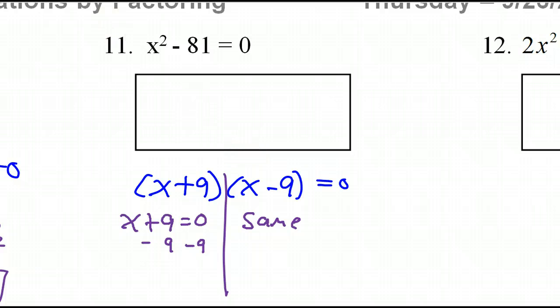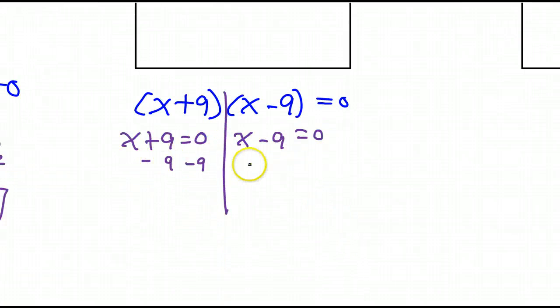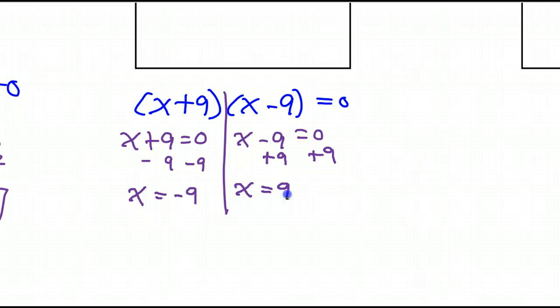Oh, why did I say same? I blanked out for a second there. Alright, x plus 9, x minus 9 equals 0. Okay, and here I'm going to be adding 9. So that's going to give me x equals negative 9 and x equals positive 9.